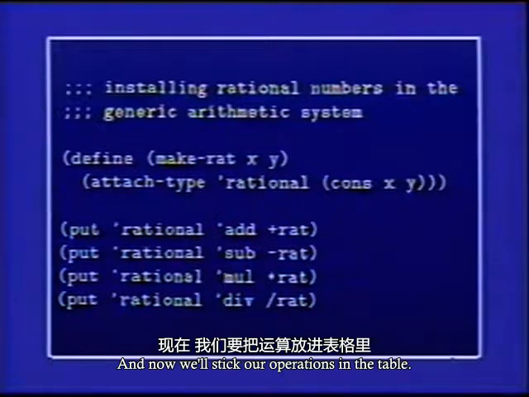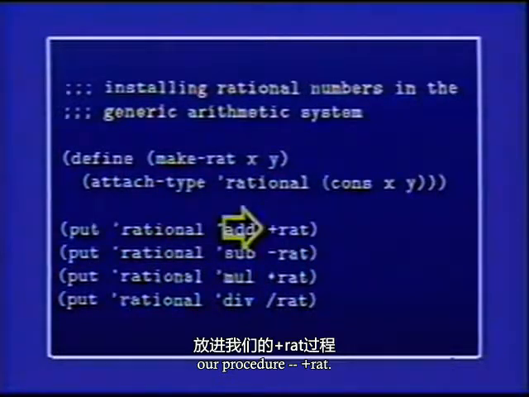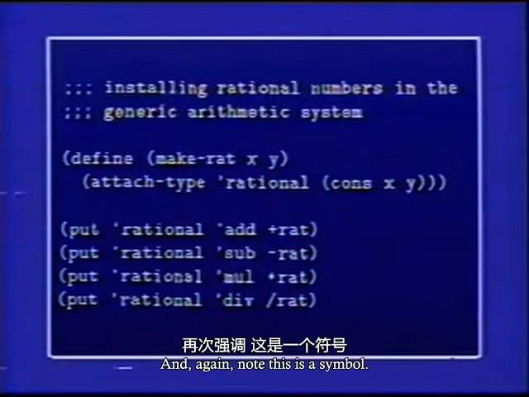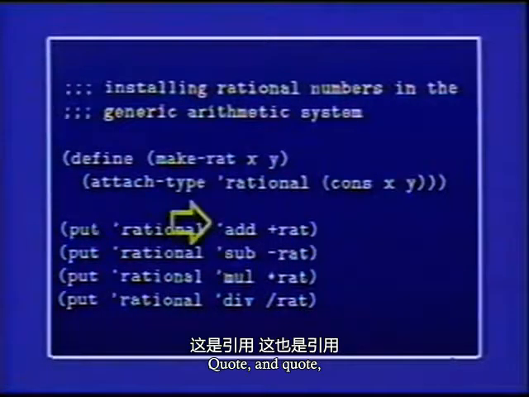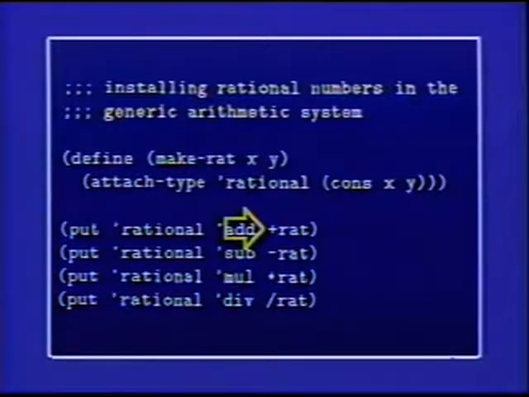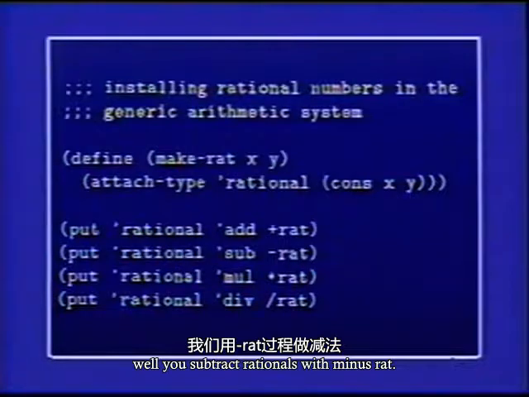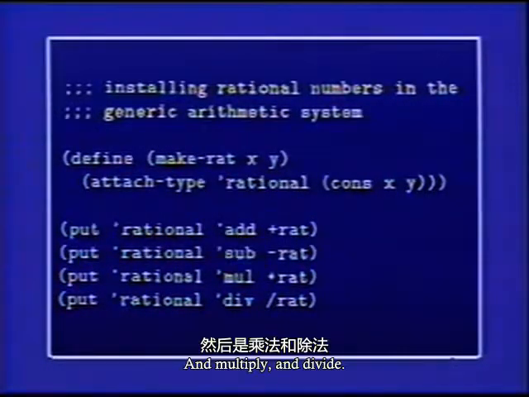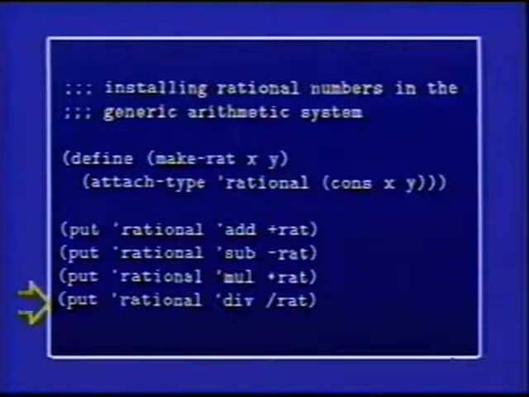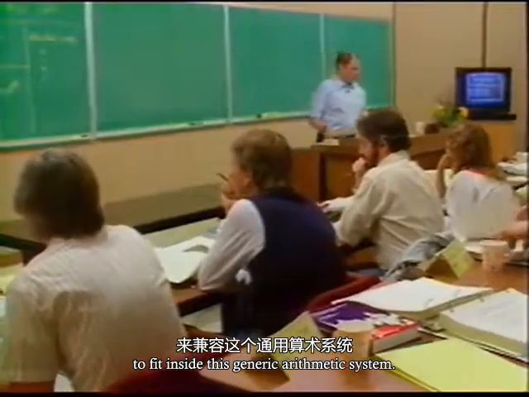And now we'll stick our operations in the table. We'll put under the symbol rational and the operation add our procedure plus rat. And again, note, this is a symbol, quote and quote, but the actual thing we're putting in the table is the procedure. And for how to subtract, well, you subtract rationals with minus rat, and multiply and divide. And that is exactly and precisely what we have to do to fit inside this generic arithmetic system.